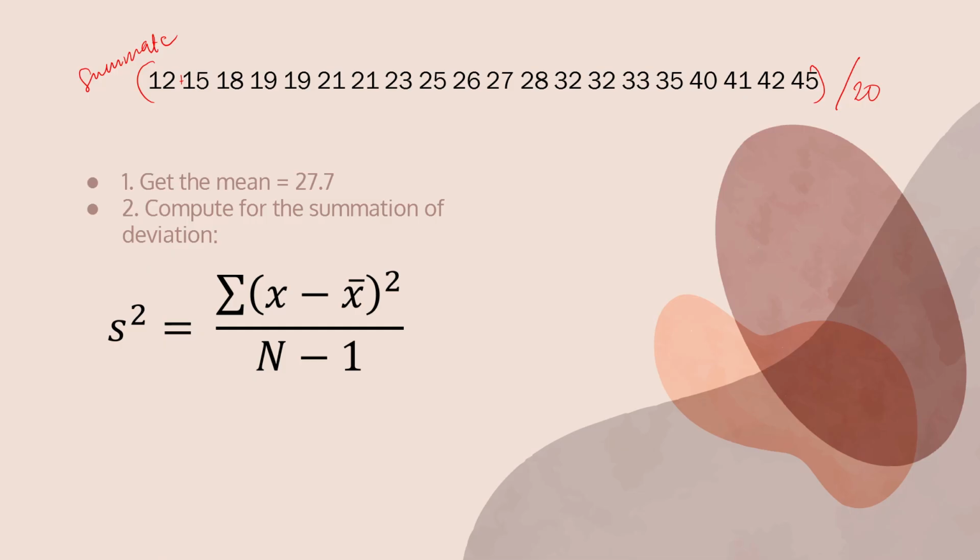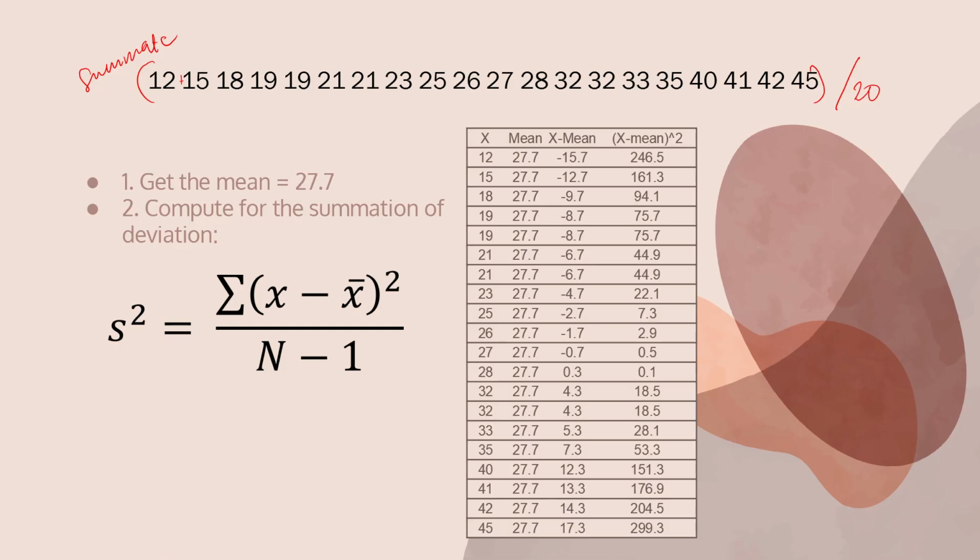Okay, and then next, we compute for the summation of our deviation or our difference. Again, what we do is we take each individual observation and then subtract the mean from it. And then we get our deviation.